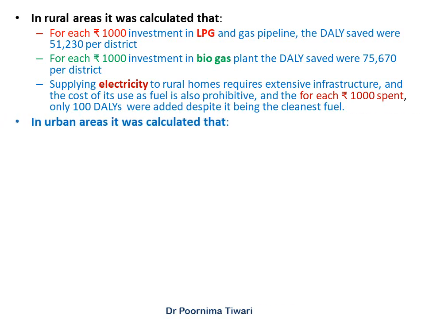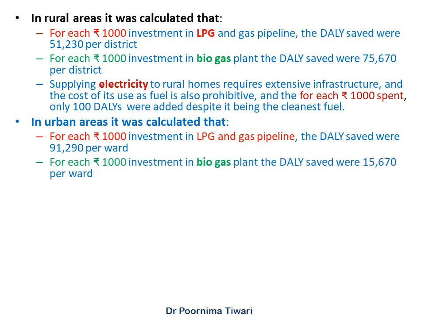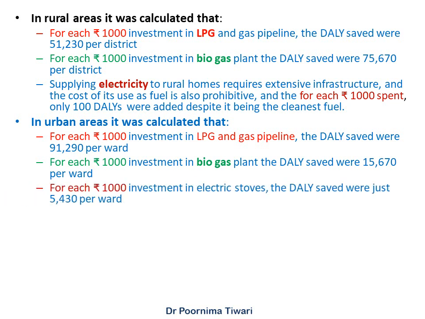In urban areas, it was found that LPG and gas pipeline would save 91,000 DALYs per 1,000 rupees investment, and biogas will save only 15,000 DALYs, because only a few pockets exist which can actually use biogas. And again for electricity, only around 5,000 were added per thousand investment, because electricity is again too prohibitively expensive for urban residents also.